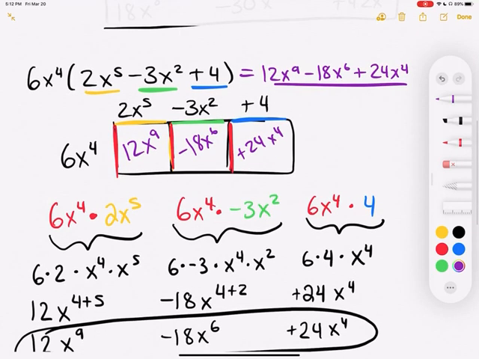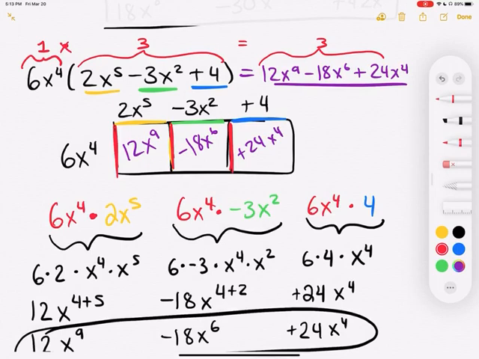Another indicator that I like to use, which comes in handy, is seeing that outside the parentheses I have one term. And this is being multiplied times, how many terms do I have inside the parentheses? 3. So you multiply one term times 3 terms, and the result also has to have 3 terms, since 1 times 3 equals 3.